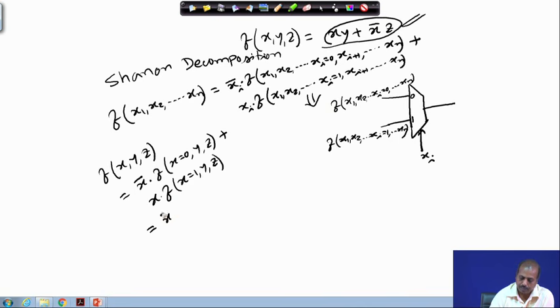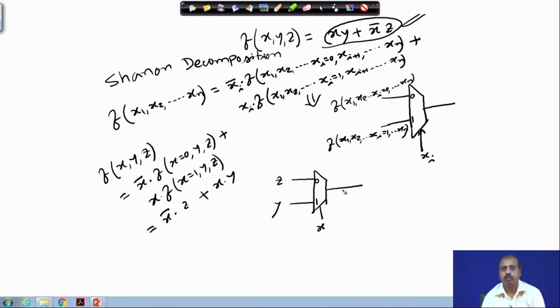So, it is x bar into z. For the second case, if you put x equal to 1 here, you are getting y. So, this is x into y. So, you take a 2:1 multiplexer, and if you apply x as the select line, this is 0 and this is 1, you apply z here and y here. So, this is the realization of the function using a 2:1 multiplexer.